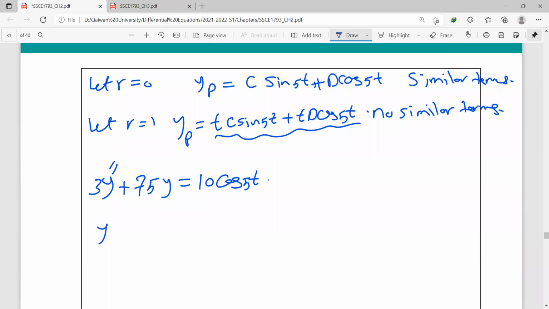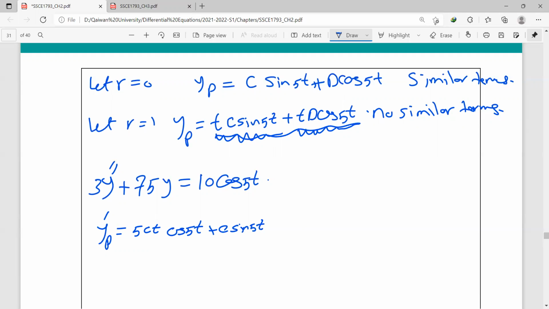We say y prime of p equals, here we have t times sine 5t. It's a multiplication of two functions, so you apply the product rule. For the second term, we have t times cosine 5t, and we apply the product rule also. We have t times the derivative of sine 5t, which is 5, so you get 5ct cosine 5t plus c sine 5t.